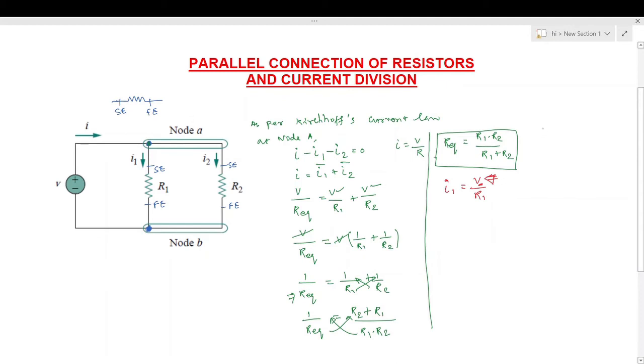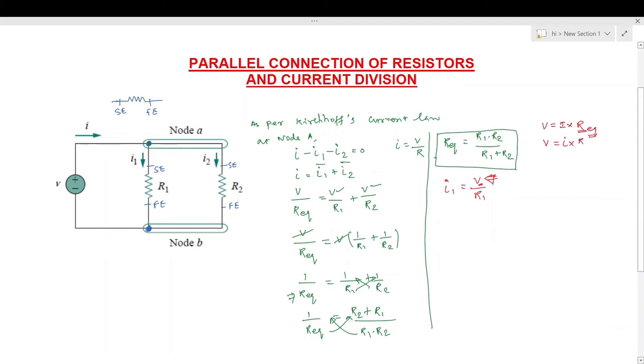For that we know V is equal to I into R. Now the supply voltage of this circuit will be V and current will be I, and we need to apply the resistance value, that is the circuit equivalent resistance. So circuit equivalent resistance will be this, that is R1 into R2 divided by R1 plus R2.